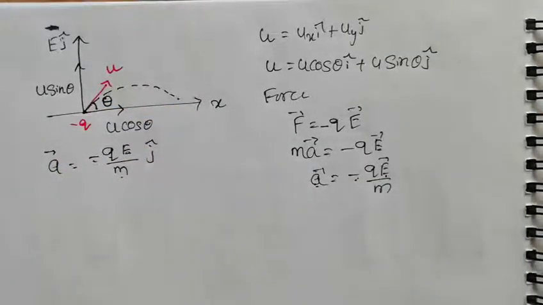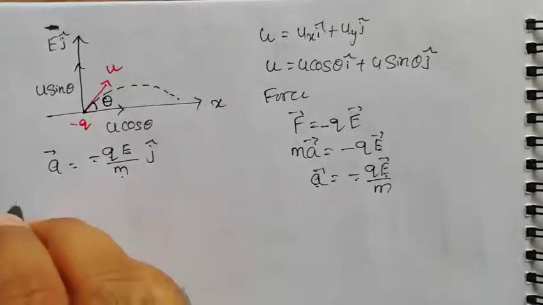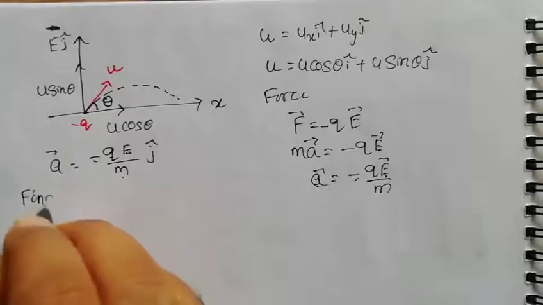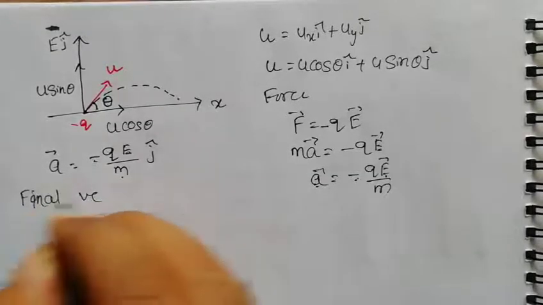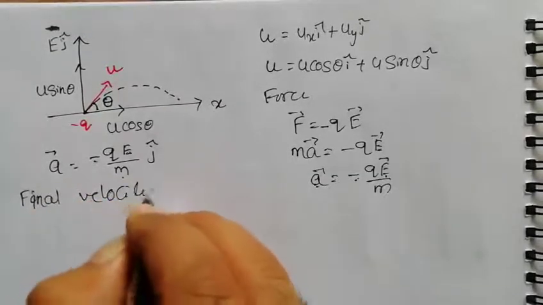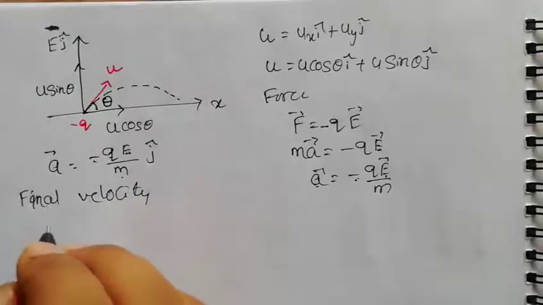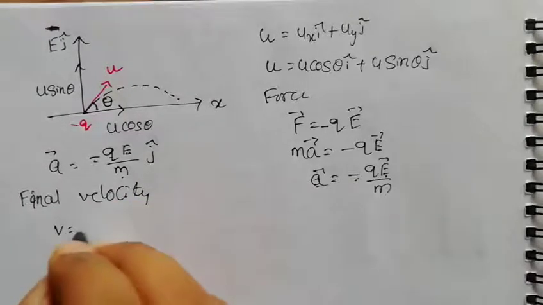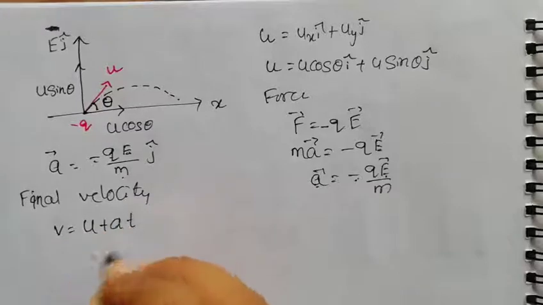Then what is the final velocity, sir? After some time, the final velocity is given by what formula? That is v equal to u plus a into t. Okay, simplify this one again.